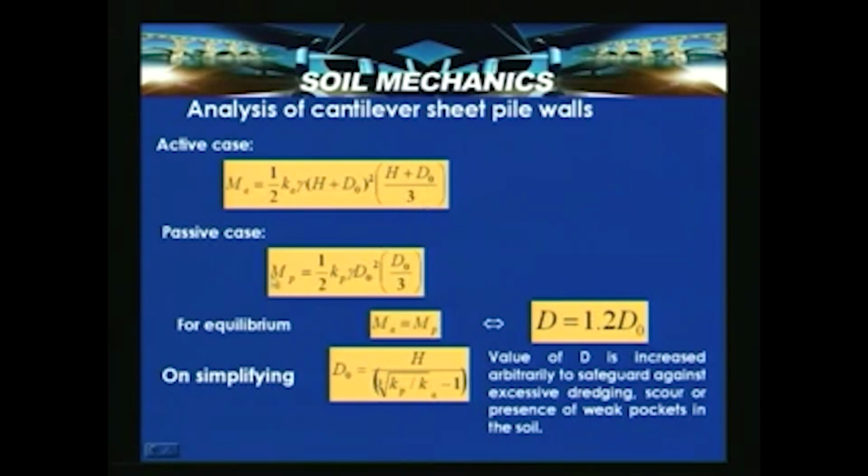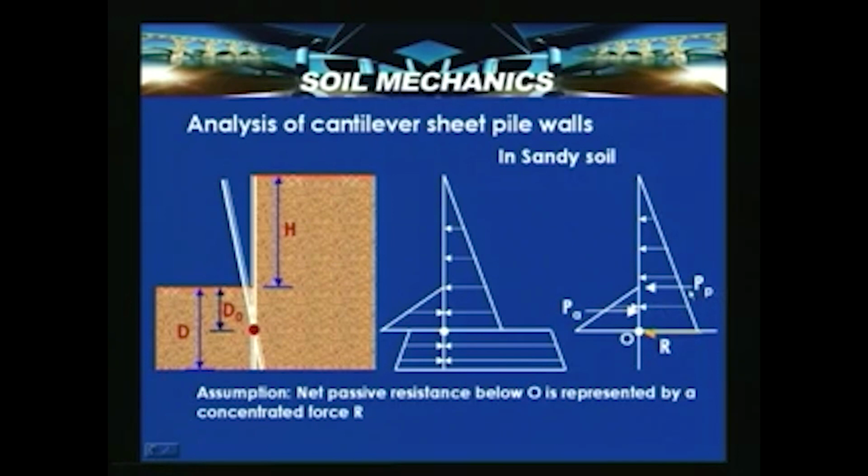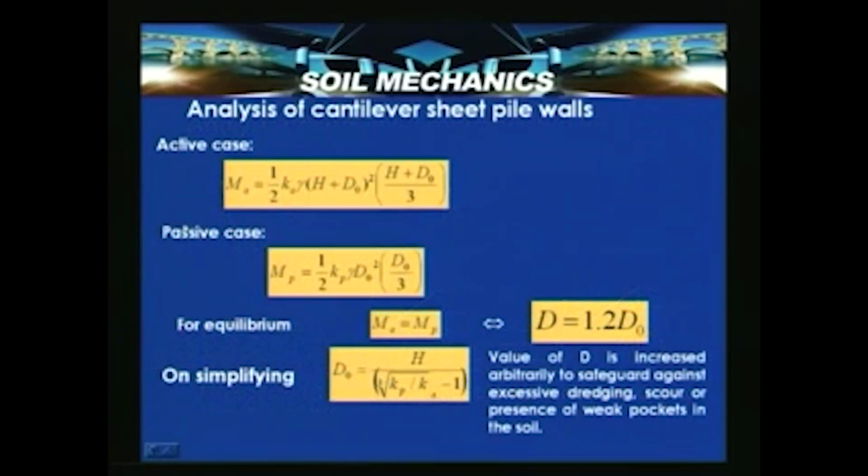Similarly, for the passive case, that is in front of the wall, MP is equal to half Kp into gamma D naught square into D naught by 3. For equilibrium conditions, MA is equal to MP, that is, the moment about point O has to be 0.